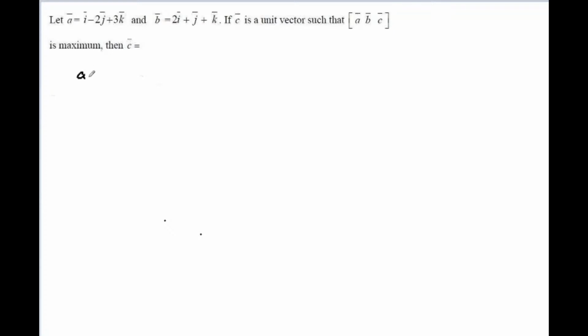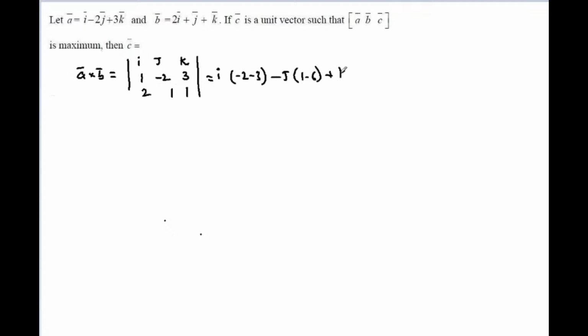Now first we find A bar cross B bar, that is the determinant I, J, K, 1, minus 2, 3, 2, 1, 1. That is equal to I into minus 2 minus 3, minus j into 1 minus 6, plus k into 1 plus 4.